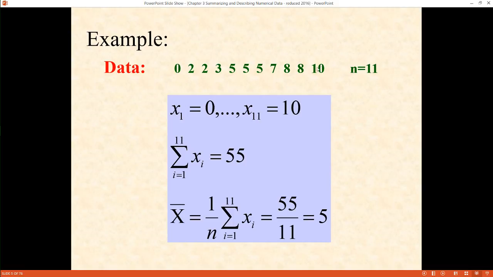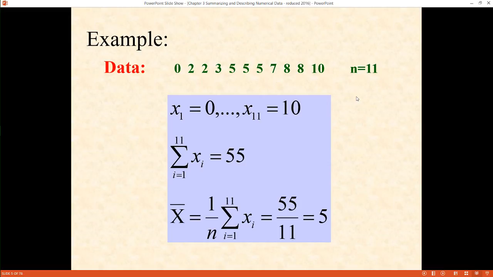And actually that makes sense in this case because we can see all the data. 5 is actually right in the middle. 6th observation is 5. There's 5 observations to the left, 5 observations to the right, so that does happen to be right in the center here.